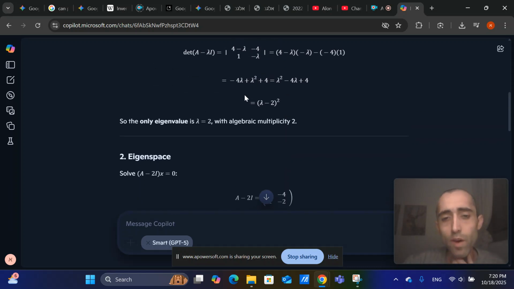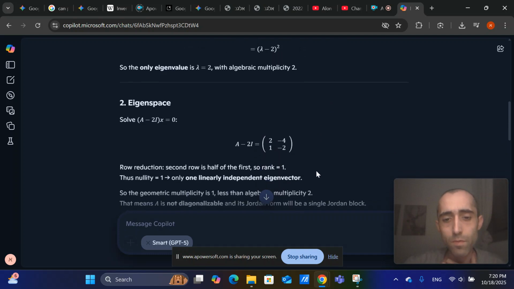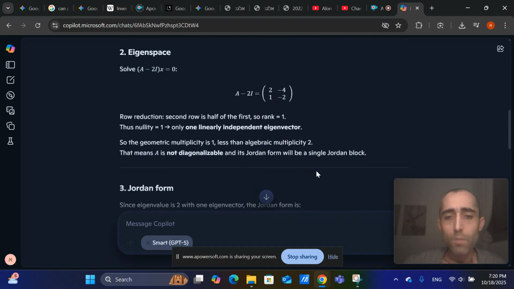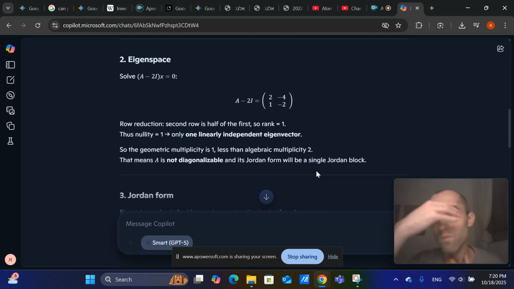But of course, we have a Jordan form because the characteristic polynomial is built from linear factors. So what will be the Jordan form? The geometric multiplicity tells me how many blocks I will have from this eigenvalue. So the geometric multiplicity is 1.